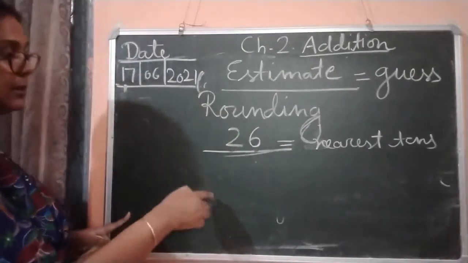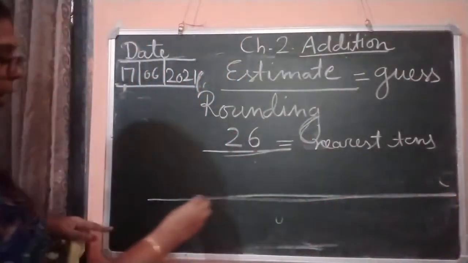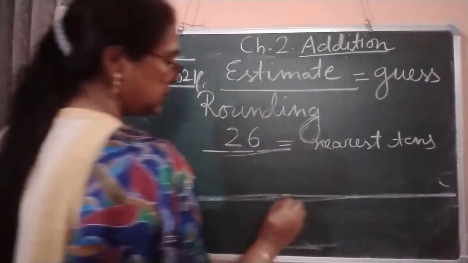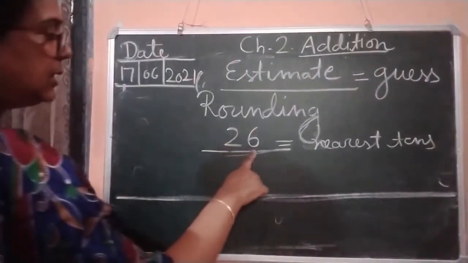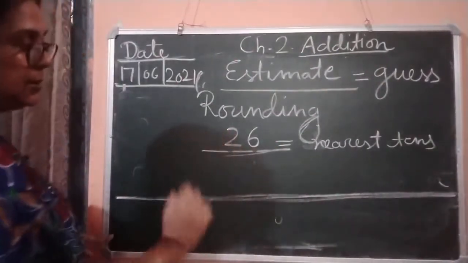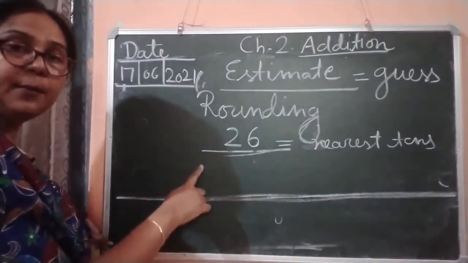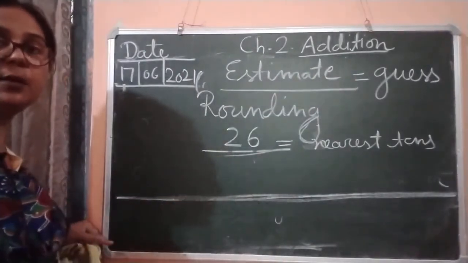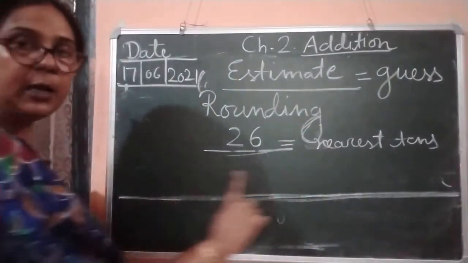So here you can see, for this I will draw one line. How can we see whether this is nearest 20 or 30? Here you can see this is 26. So we have to find out first what the number is. This is 26, okay, children. So it is in between 20 and 30.